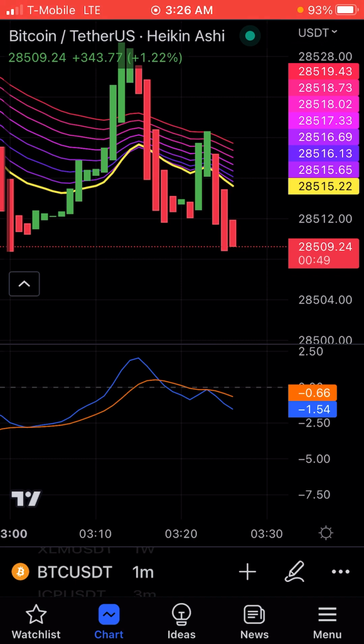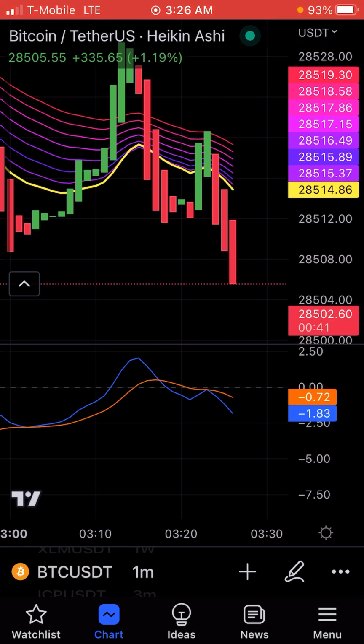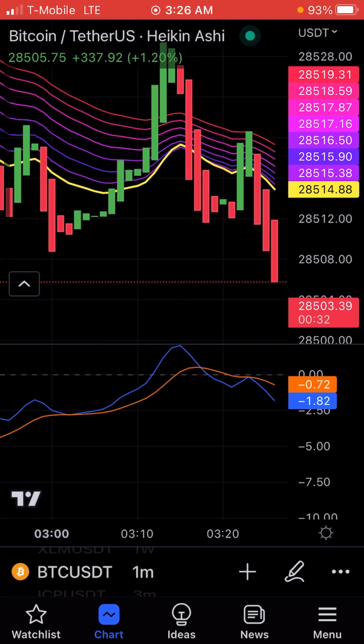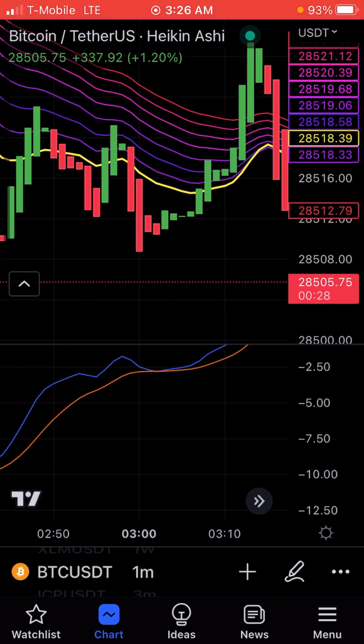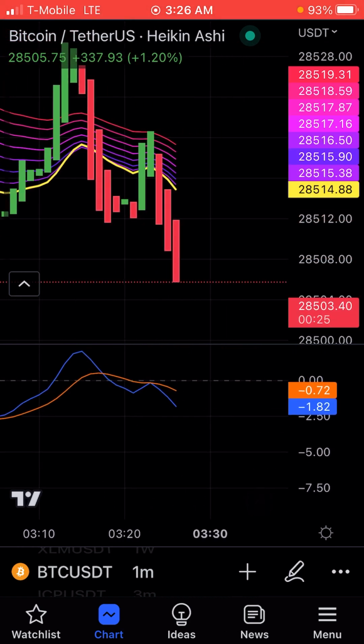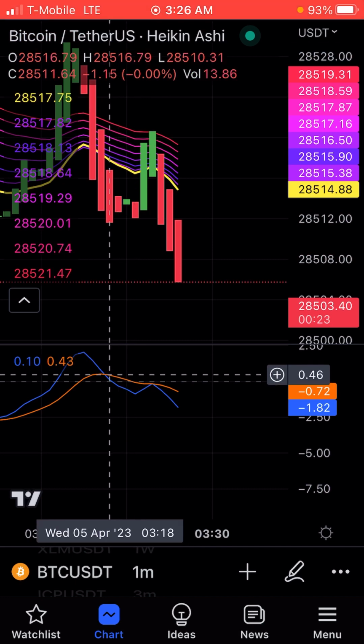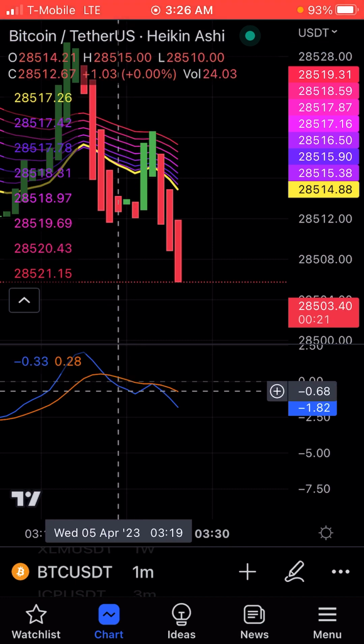When you identify what direction it's going, what you need to do next is wait for it to go in the opposite direction. So if it's in a downtrend, you need to wait for it to push up a little bit, and then on your MACD you wait for the cross in the direction where it's going.